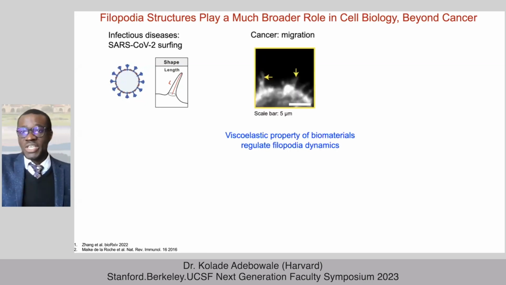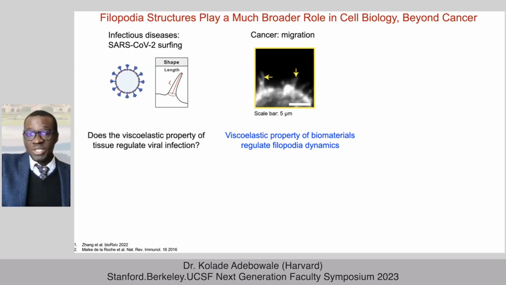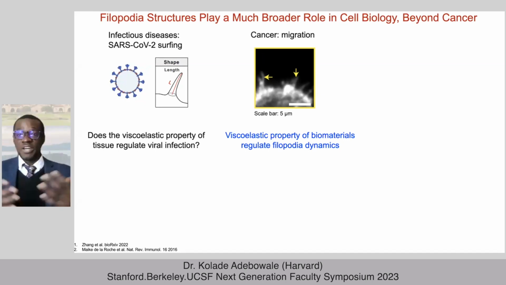This was really exciting to me because we had already demonstrated in previous work that the viscoelastic property of materials regulates filopodia dynamics. And so this raises the really intriguing possibility that perhaps viscoelasticity of tissues can also regulate viral and perhaps even bacterial infection.